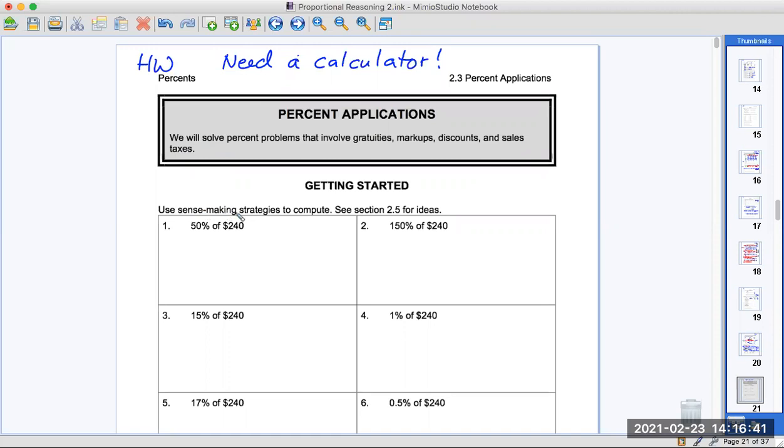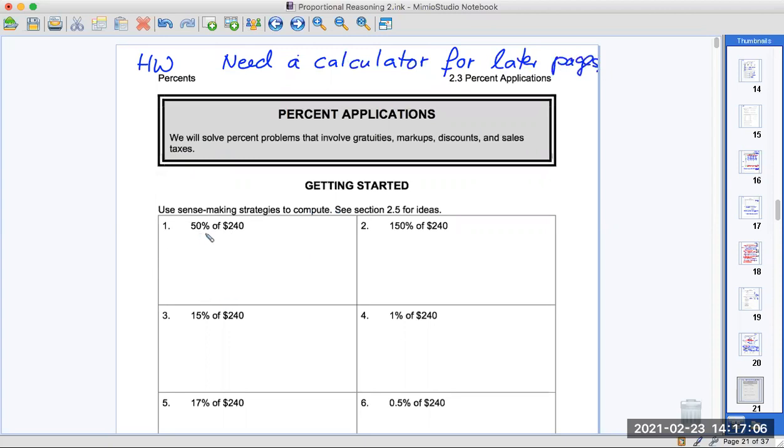We're using sense-making strategies to compute this. You don't have to use a calculator for this page. You will need a calculator, I should say, for later pages, because this one is kind of easy to do.